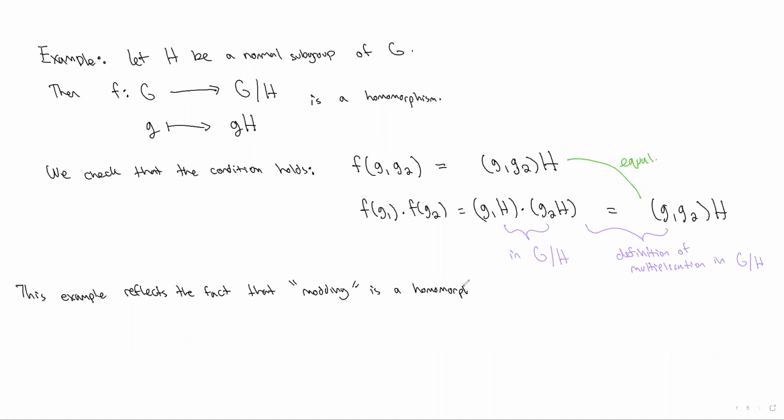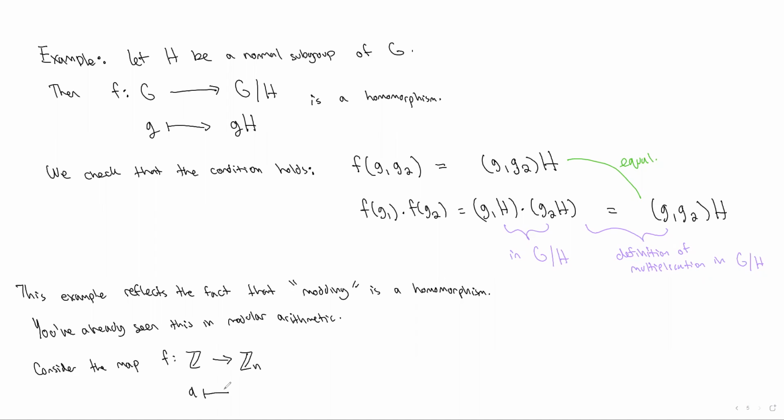You already are used to this. All right, you've already seen this in modular arithmetic. So consider the map F from Z to Zn, which takes a to a mod n.